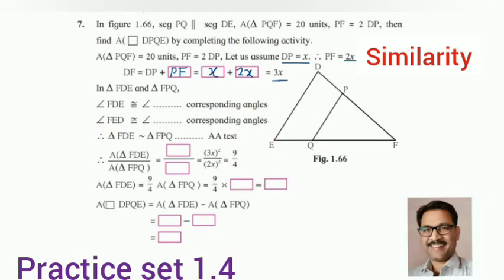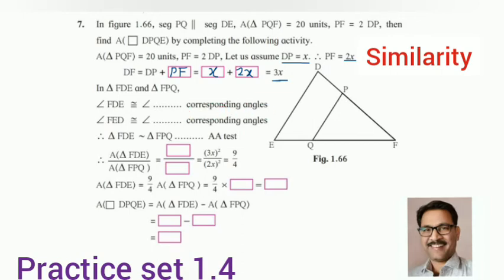Similarly, this angle is congruent to this angle, again by corresponding angles because these two are parallel. And this angle is the common angle, so by the AA test it is not even needed. See, first angle FDE is congruent to this one because of corresponding angles.